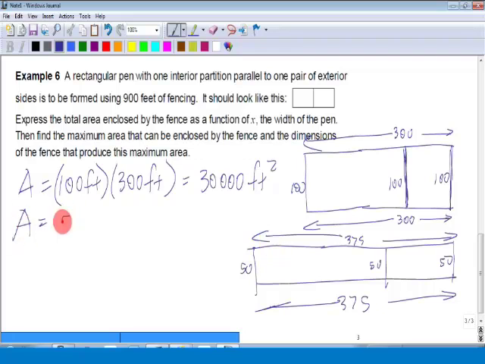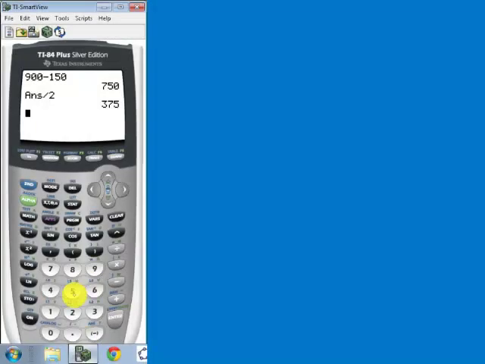The area of this one is 50 feet times 375 feet, which is how many square feet? Really looking for the times button there.